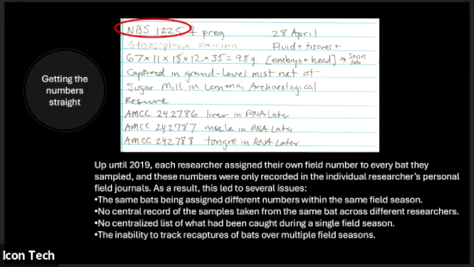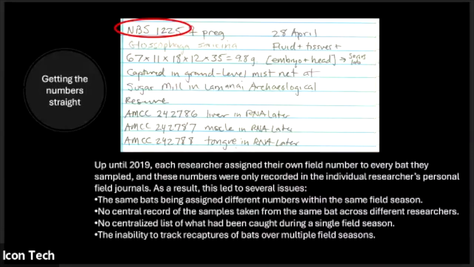So while the guide standardized the naming identification in real time, we still had huge room for improvement in how we were maintaining numbers. Before 2019, researchers would assign their own field number when they were sampling from the bats. This meant there was no central system or coordination.